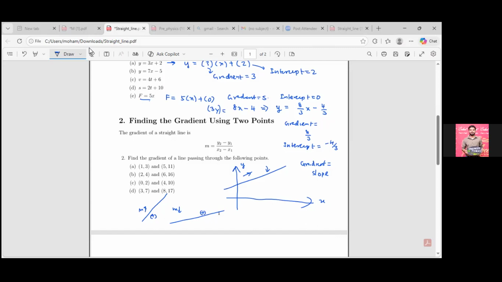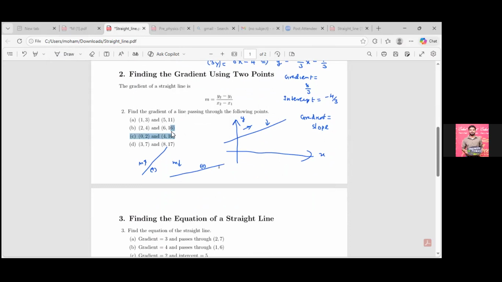You can also have a negative gradient. If you have a negative gradient, the line would be like this. They'll be decreasing, going down.